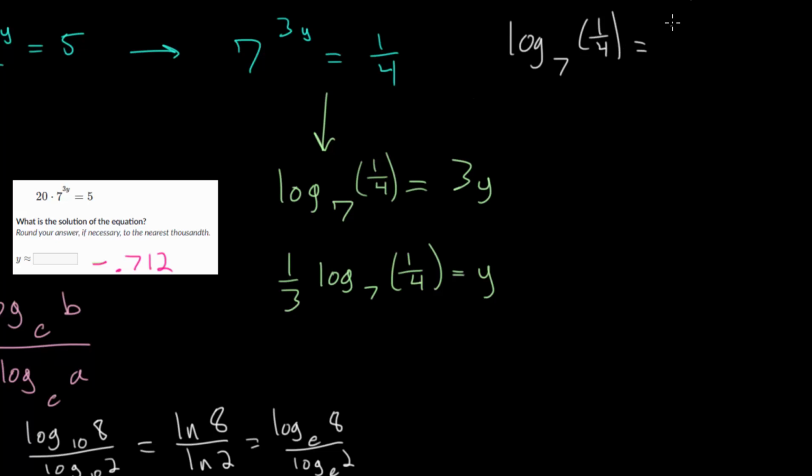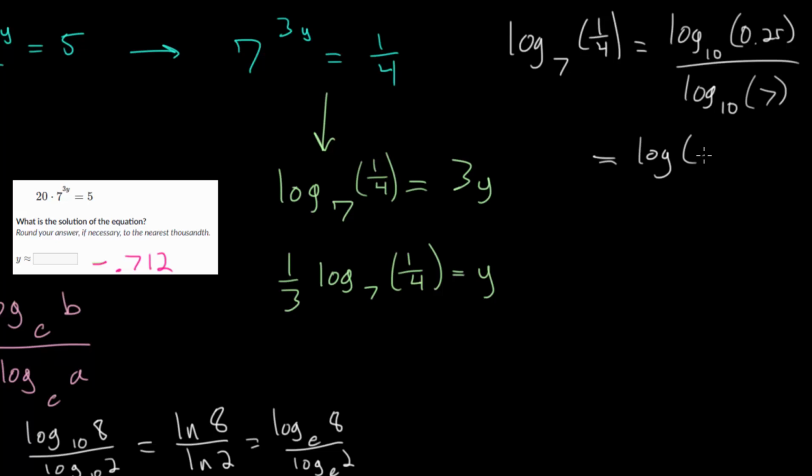So we can do log base 10 of the input of your logarithm, the top number, and I'm going to use 0.25. The 1/4 is fine. And then you'll divide it by log base 10 of your original base. That will now be the input for this logarithm. And again, you can rewrite it with the common log notation, so we can drop the 10. So this is log of 0.25 divided by log of 7.